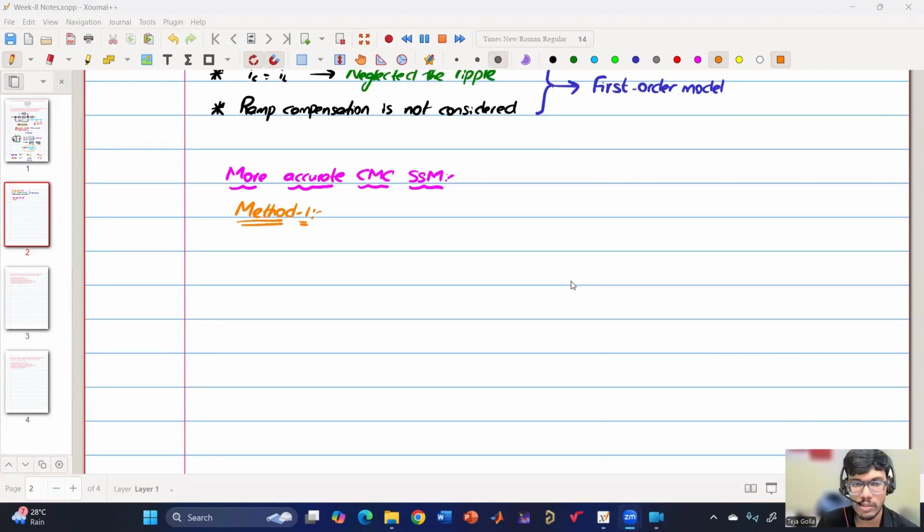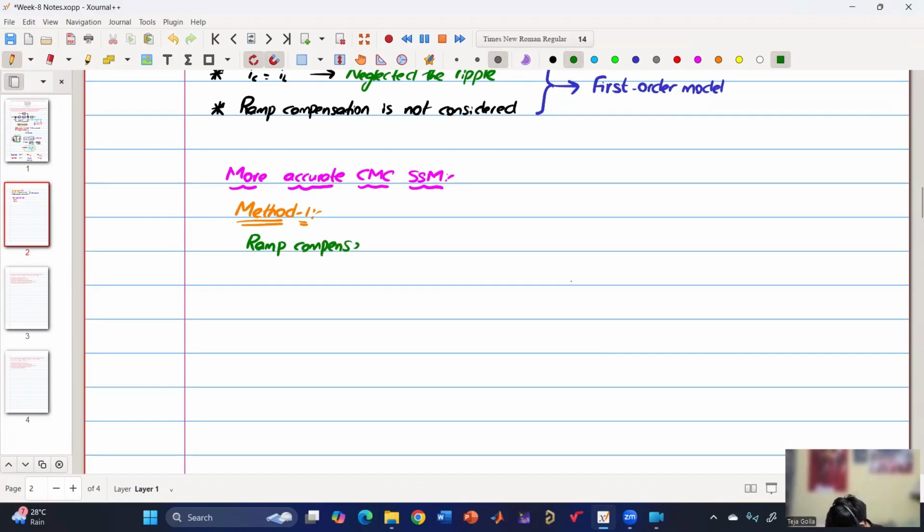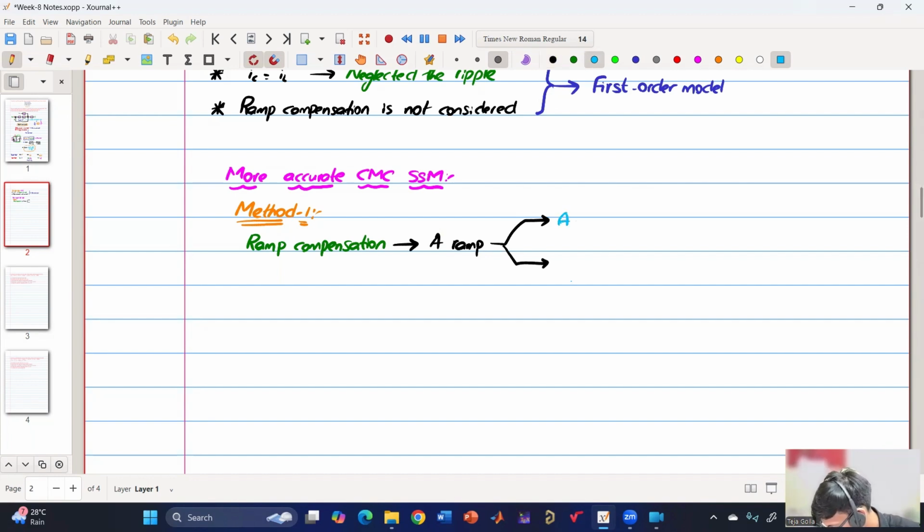Whenever we say ramp compensation, you need to keep this in mind: it is like a ramp. Either this can be added to IL or subtracted from IREF, or IC, whatever we are calling it.